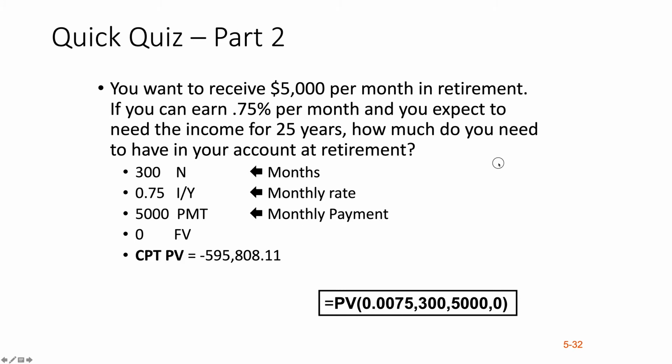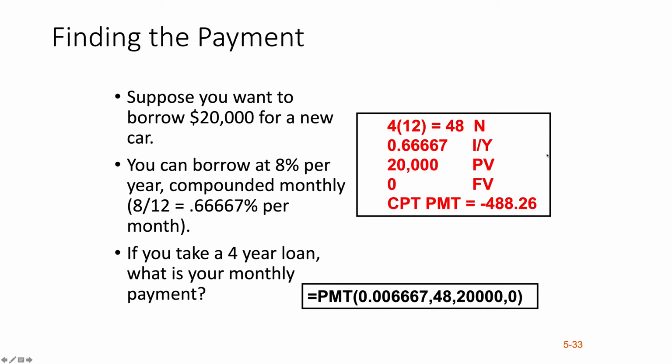The next problem is asking you to find the payment. Suppose the loan amount is $20,000 for a new car. You can borrow at 8% per year, compounded monthly. So for your interest rate, we say 8 divided by 12 equals 0.66.